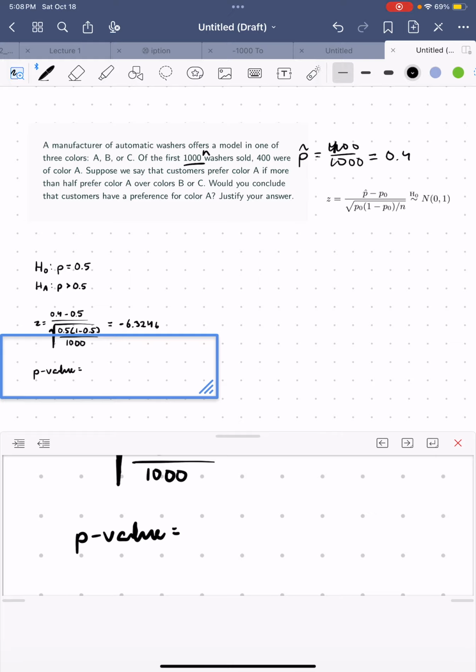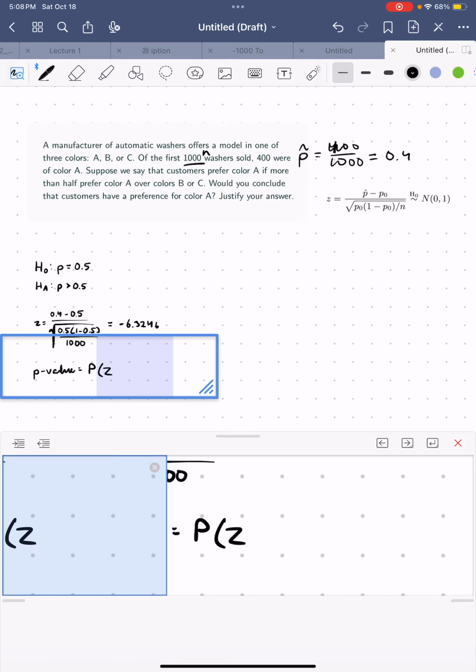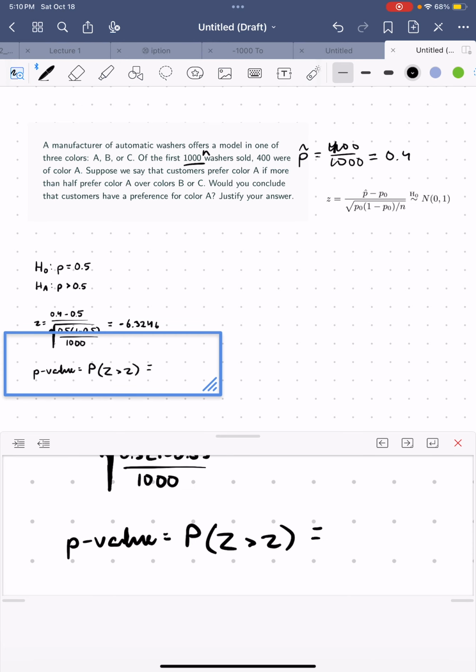And then now we can find our probability, our p-value. Since it's a one-tailed test, it's the probability of z being greater than our statistic. So it's the area under our z-curve that's to the right of our test statistic. And then we can look up our value on our z-table.